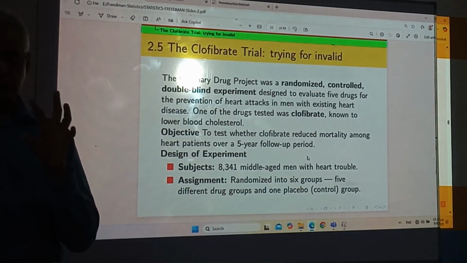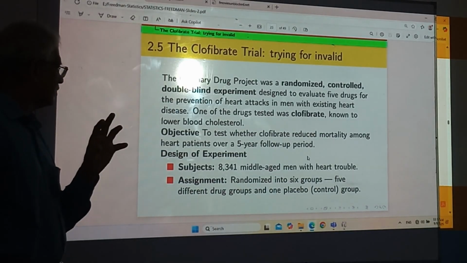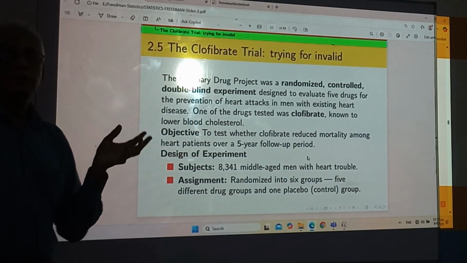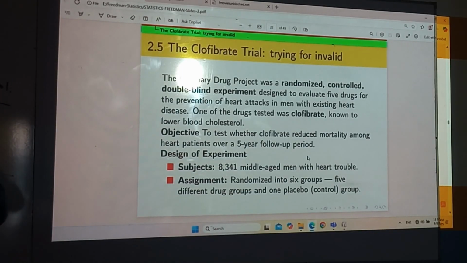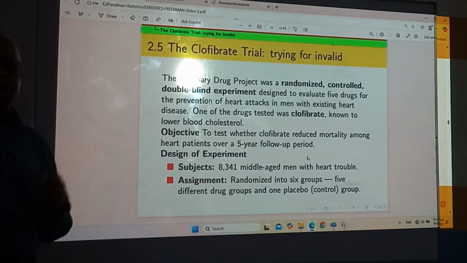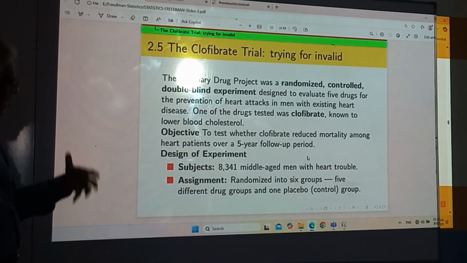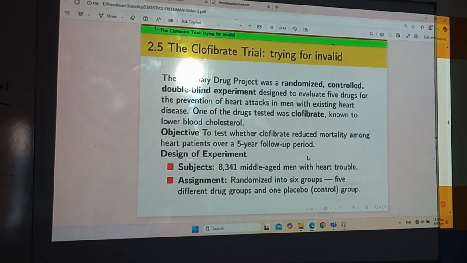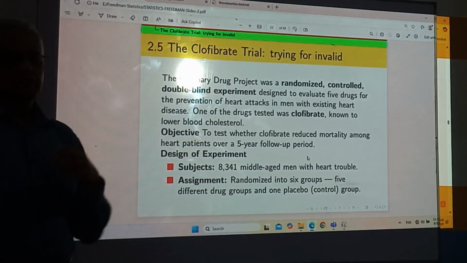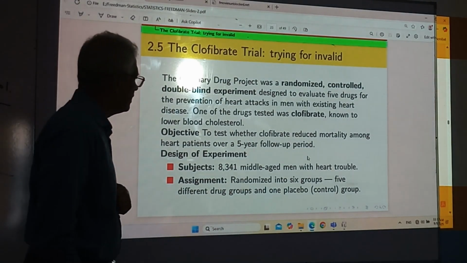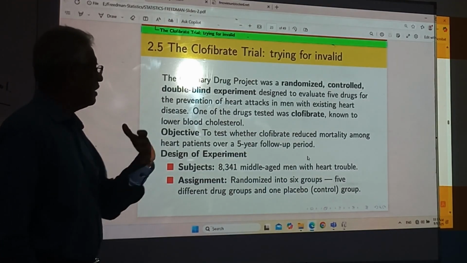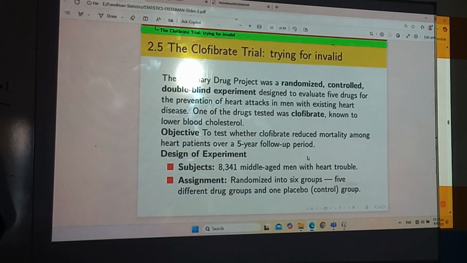So the objective was not to see whether the blood cholesterol goes down or not. It was already established. Right? It was for blood cholesterol, but in addition to that, they wanted to find out whether those who get this particular drug get a low mortality rate within 5 years.